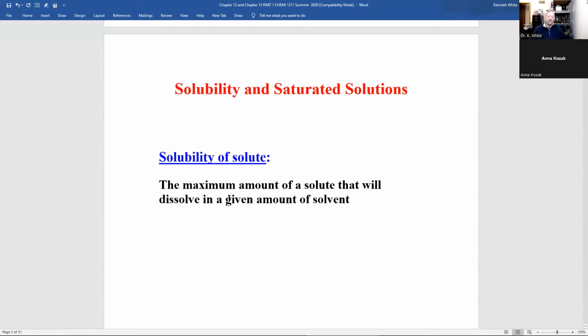All right, now, an important thing about solutions is the solubility of a solute. I'm going to go through some definitions.